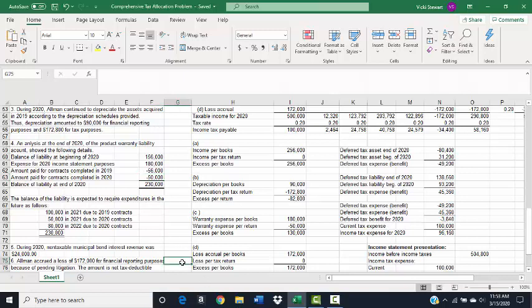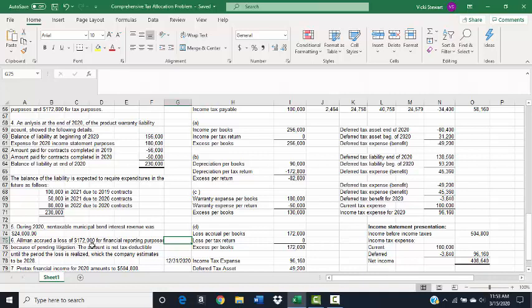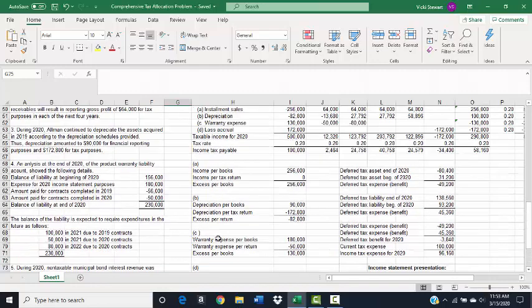So let's look at that real quick. Almond accrued a loss of $172,000 for financial reporting purposes because of pending litigation, and we know that won't be deductible until they actually pay that amount out, and they don't expect to do that until 2028.